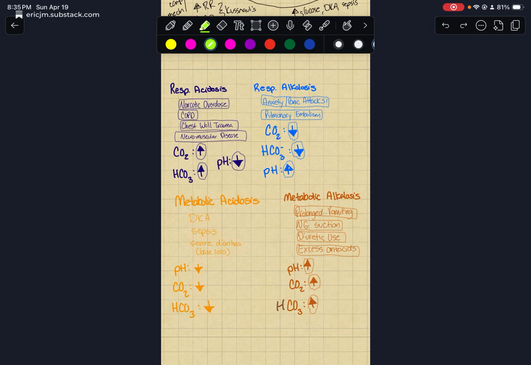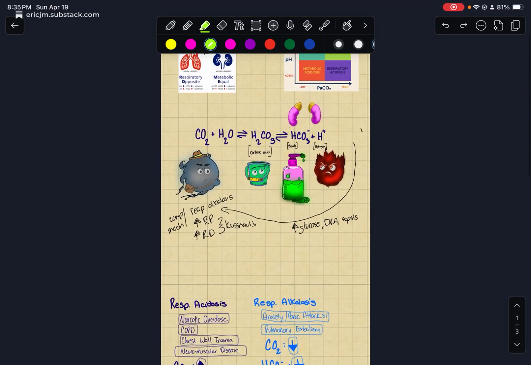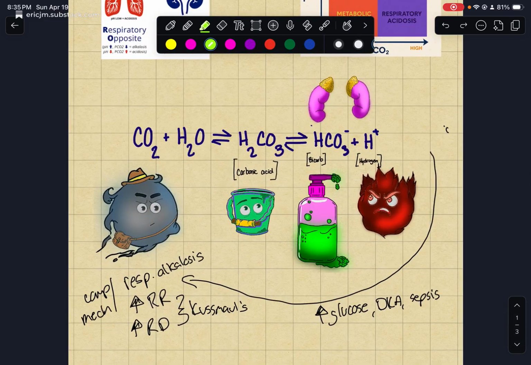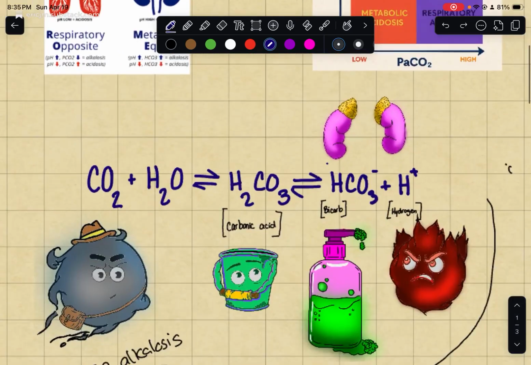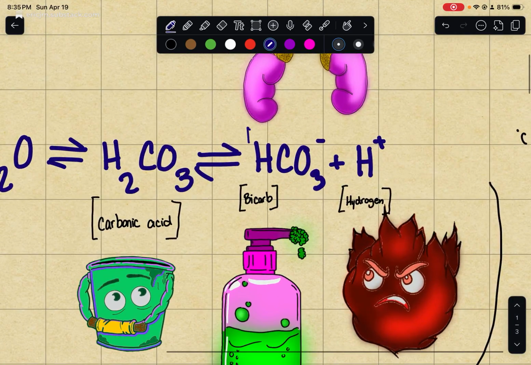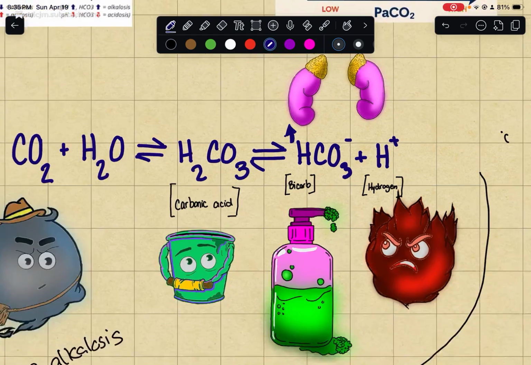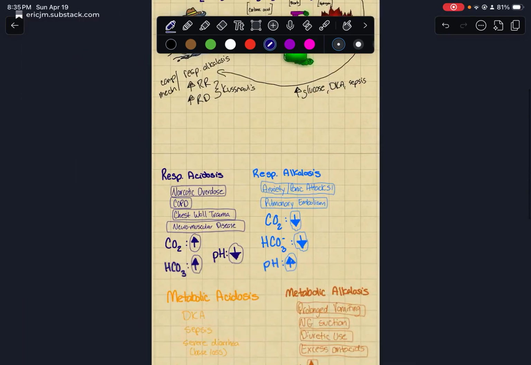So the reason why our CO2 is high: our pH is too high, we end up with way too much bicarb in our system relative to how much hydrogen, because there's a drop in hydrogen for whatever reason. So we end up having to swap over.